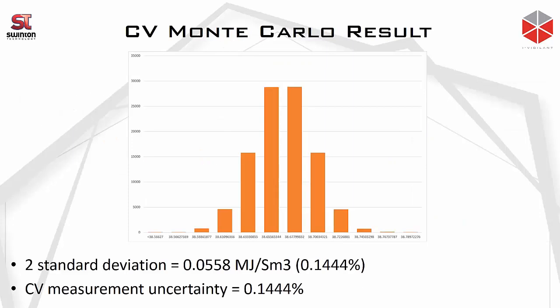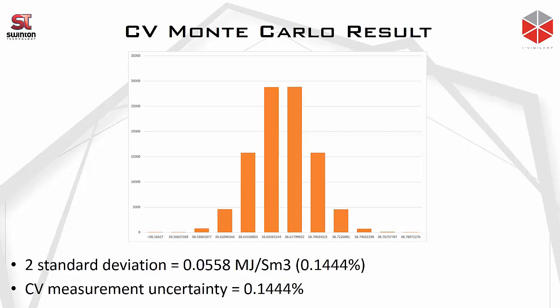When we see the output, with all this combination of results, we can see the output is pretty much a Gaussian distribution as well. We got a big number of data points pretty much at the average. If we use the average gas composition, we will have a CV of around 38.677 megajoules per standard meter cube. From here we can see what kind of standard deviation we have in the CV measurement.